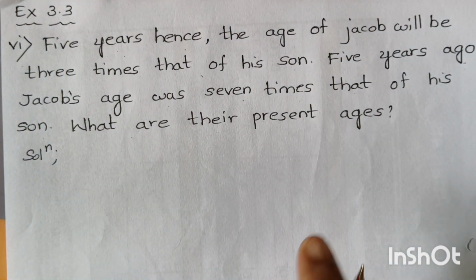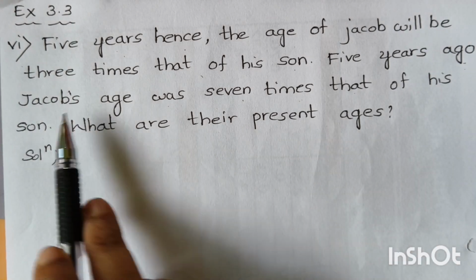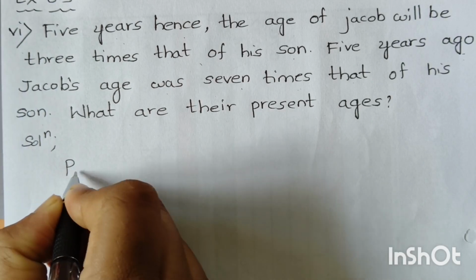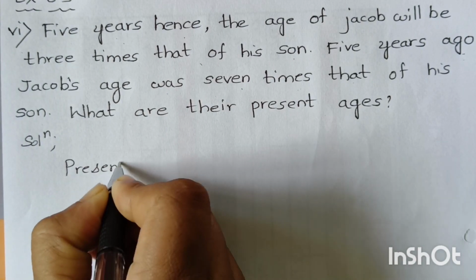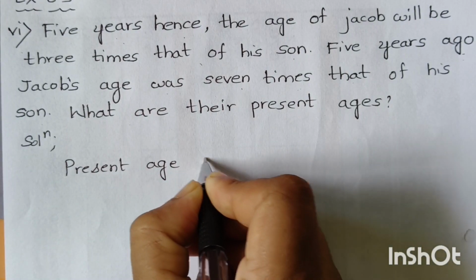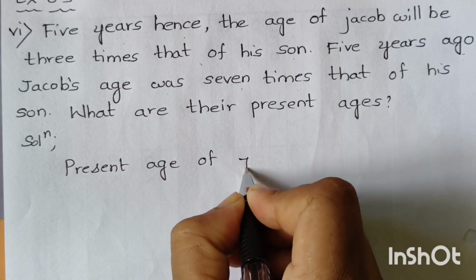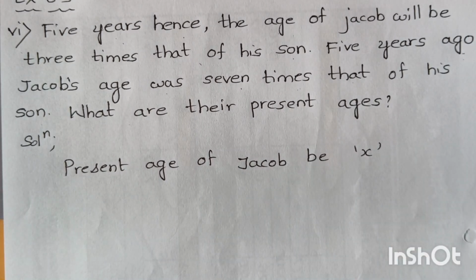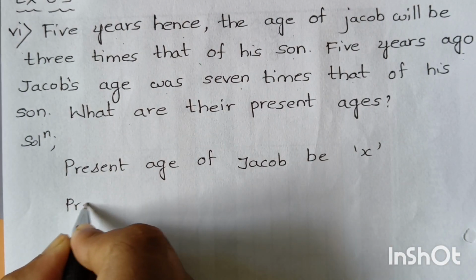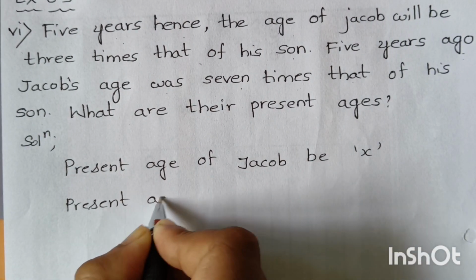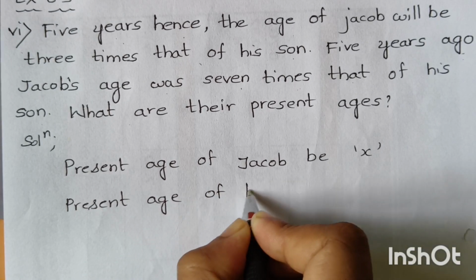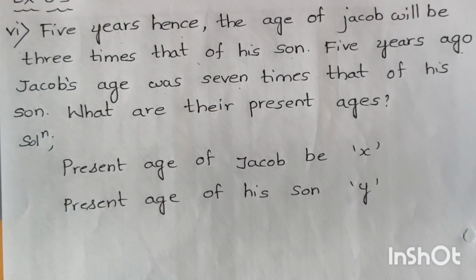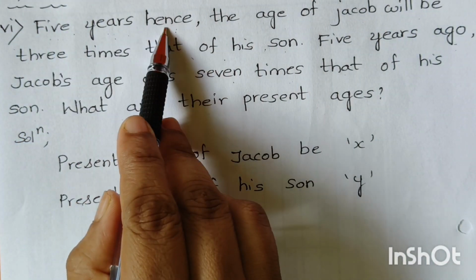Solution. We don't know the present age of Jacob and his son. So let us take the present age of Jacob be x, and the present age of his son be y. 5 years hence.